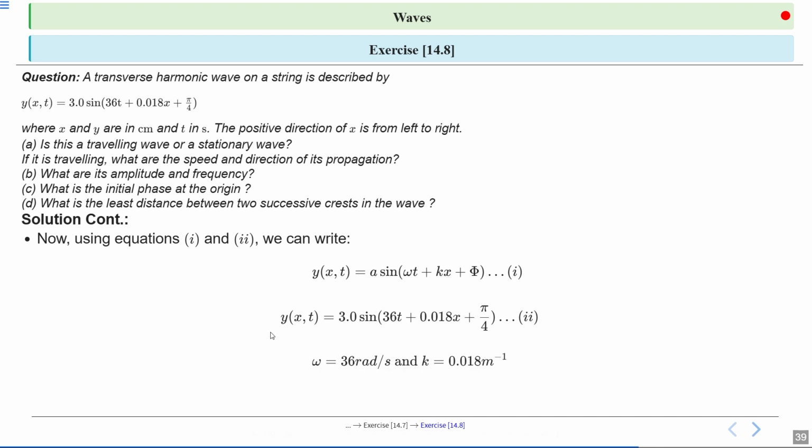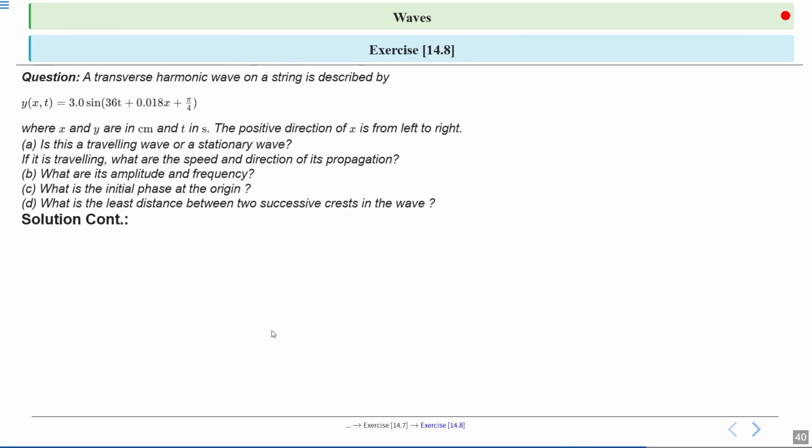So after comparing the above two equations, we get omega equal to 36 radian per second and k equal to 0.018 per centimeter. Now we know that nu equal to omega divided by 2 pi and lambda equal to 2 pi by k.